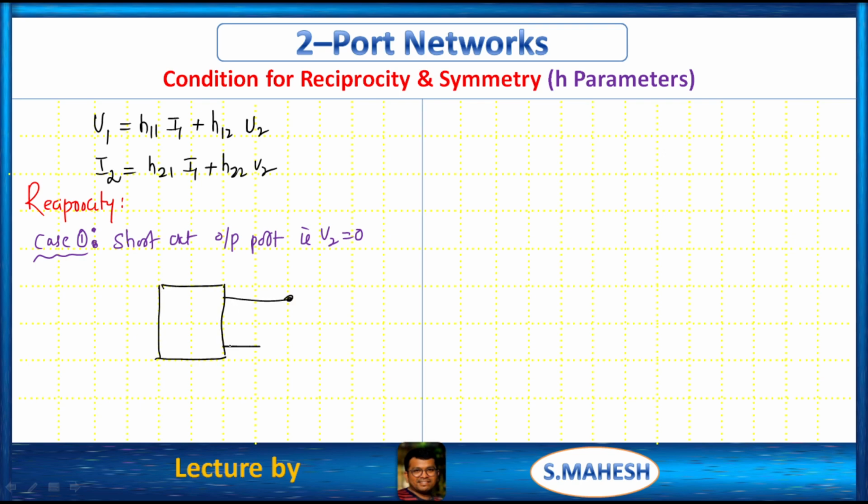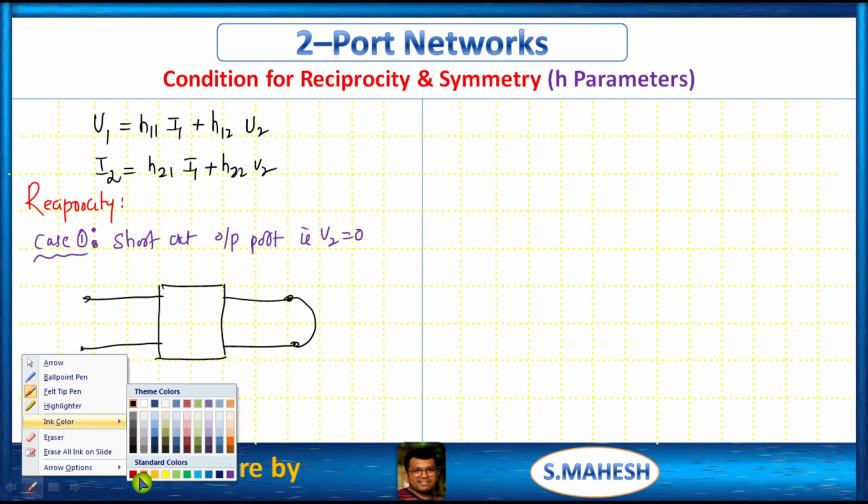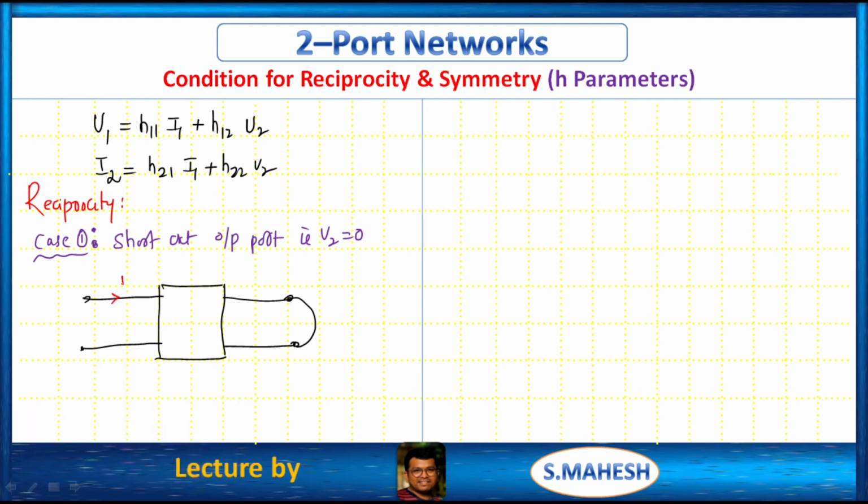For this, what is the circuit model? This is short circuited, right? Current I1, this is current I2, but we can take minus I2. Here V2 = 0. This is V1.